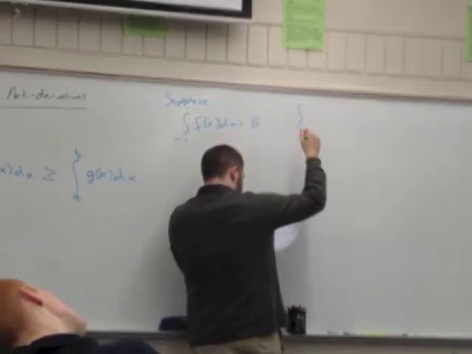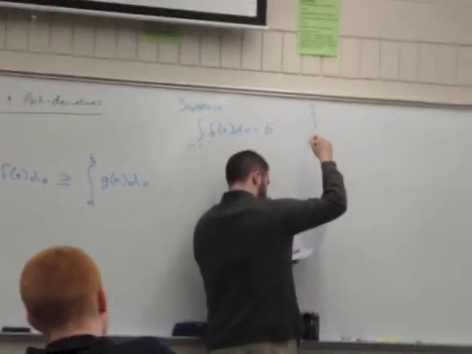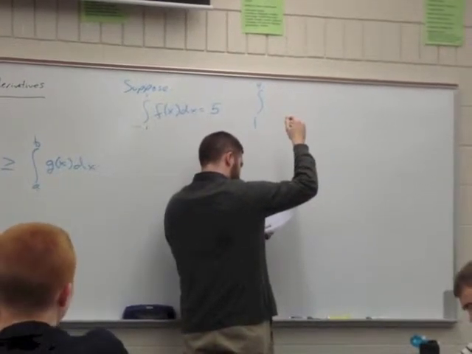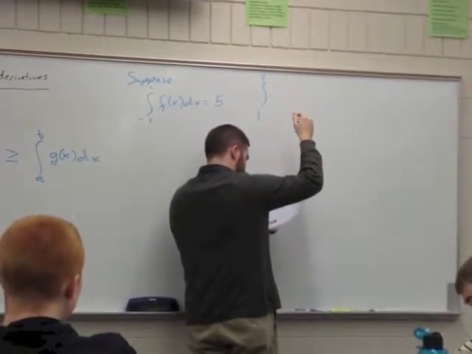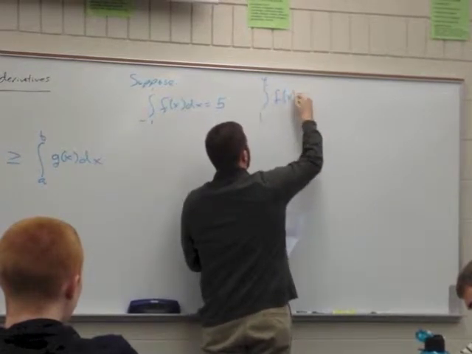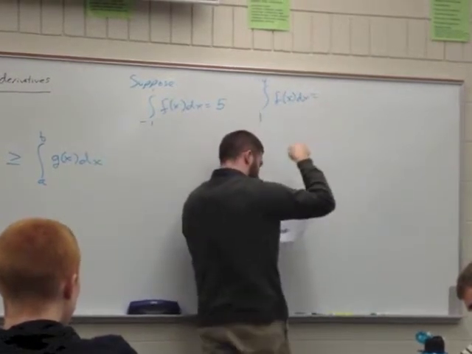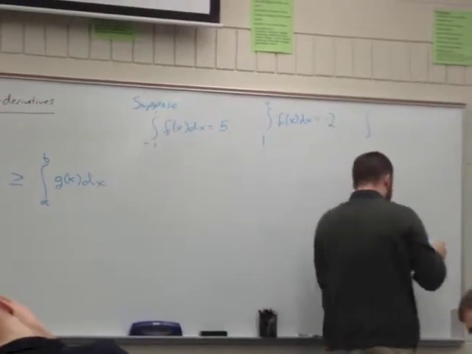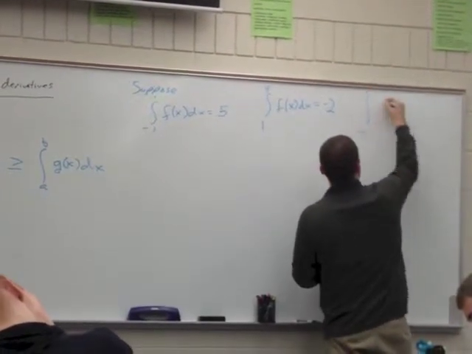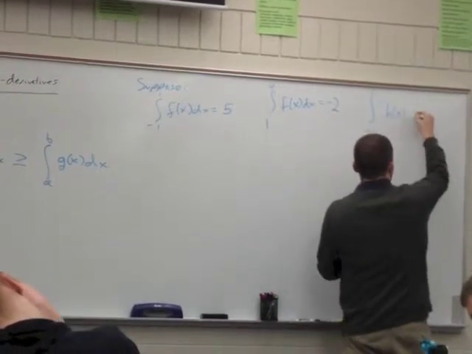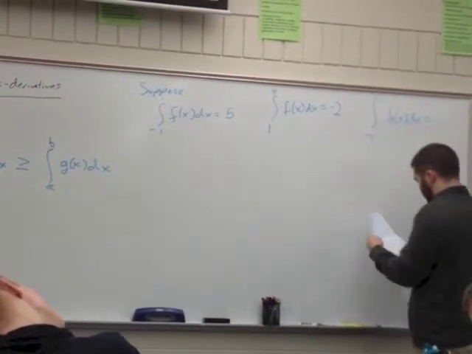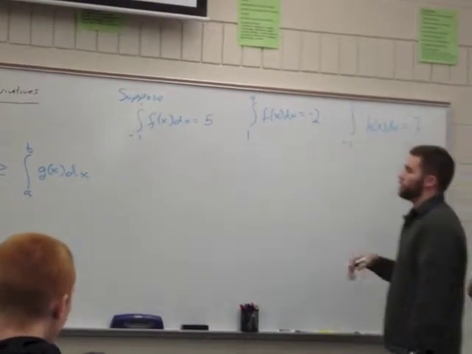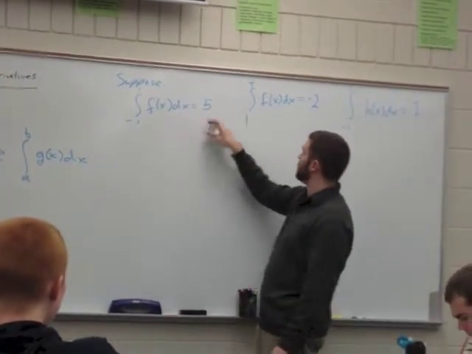The integral from 1 to 4 of f of x dx equals -2. And the integral from -1 to 1 of h of x dx equals 7. Alright, so here's some integrals. The area under the curve f of x from -1 to 1 is 5, and so on.